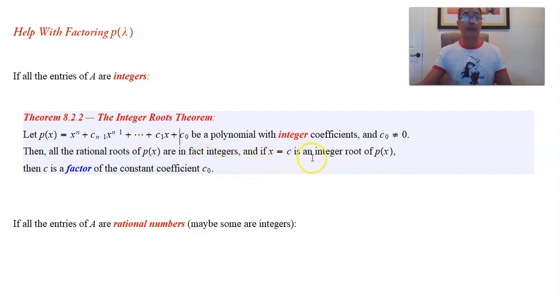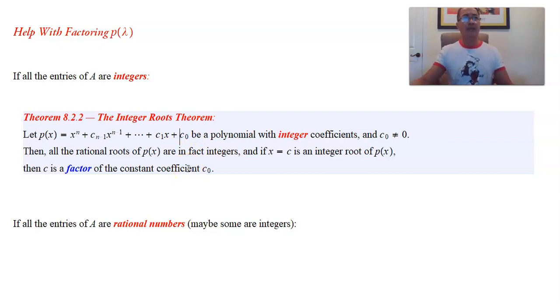And if x equals c is an integer root of the polynomial, then c has to be a factor of the constant coefficient c sub 0. So if you're looking for integer roots, try the divisors, the factors of c sub 0.